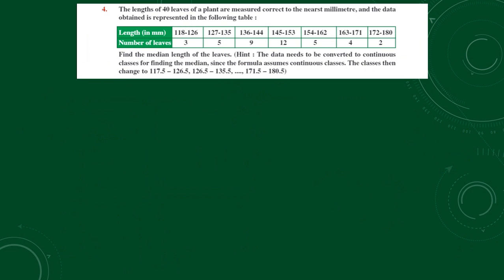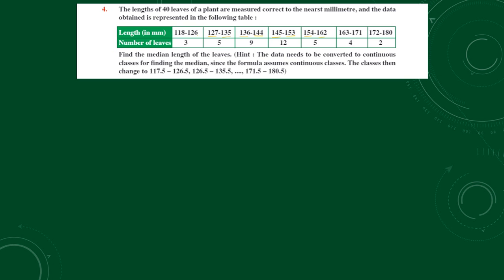If you observe here, 118 to 126, 127 to 135, 136 to 144, 145 to 153, 154 to 162. These class intervals are inclusive classes because there is no continuity.